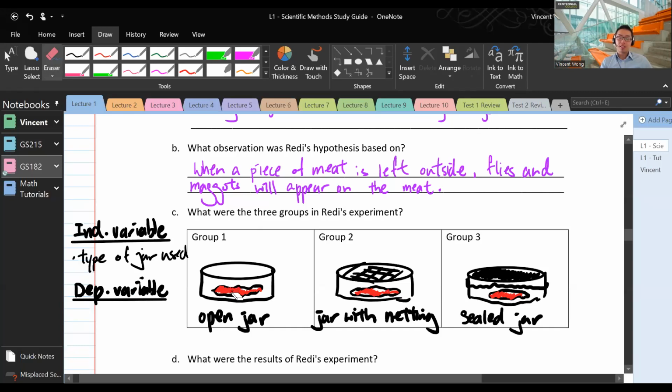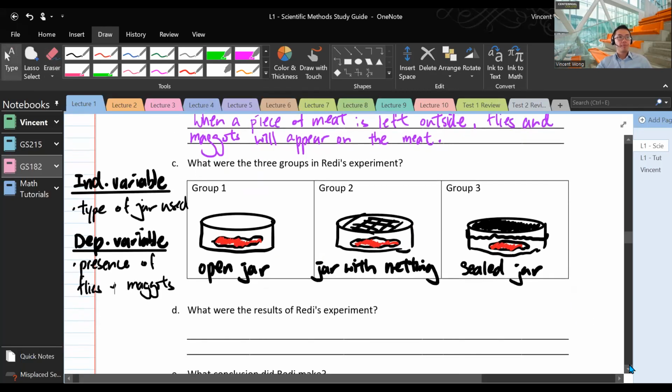If I put a piece of beef here, it's gonna be the same type of beef in all of them. Emma said flies. Yeah, so like the presence of flies and maggots. Okay, so that is the dependent variable. By changing the type of jars, we're going to see if that will affect whether flies and maggots showed up.